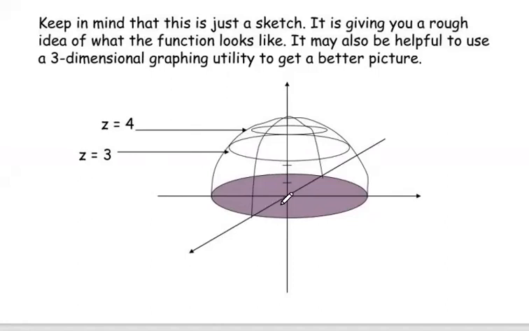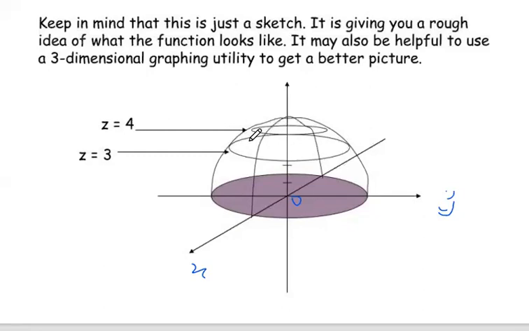Let's label this: this is O, origin, X and Y. You chop off this surface parallel to the OXY plane, then you get a set of circles.